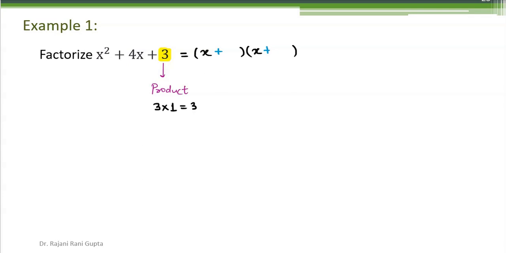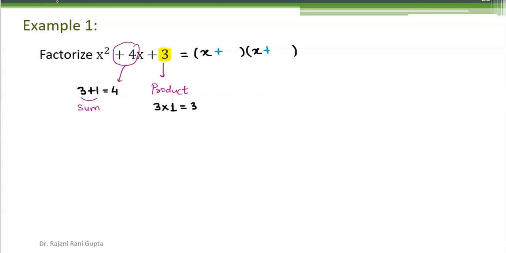For that, we need to check what we get if we add 3 and 1. 3 plus 1 is 4. So when we find the sum, we get 4, which is the same number that we need here.